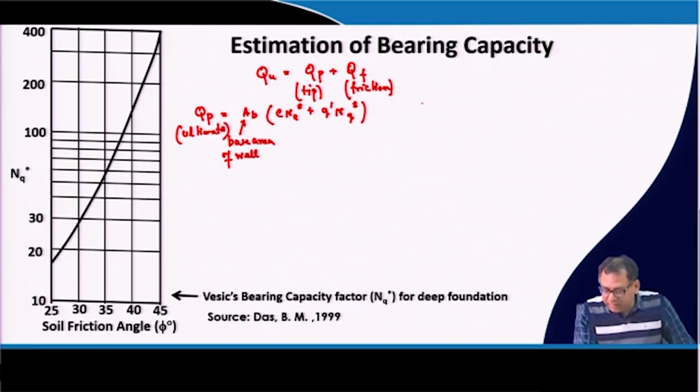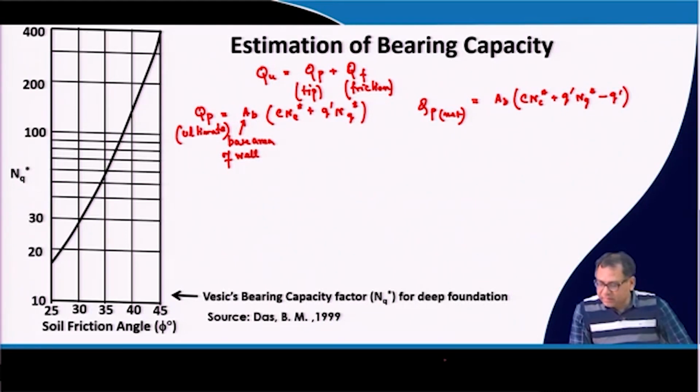Now, if I want to determine the QP net or net ultimate, then that will be again AB C NC dash plus Q dash effective overburden pressure, Q dash minus Q dash, that will give us the net. So, this will be AB C NC dash plus Q dash (NQ dash minus 1).